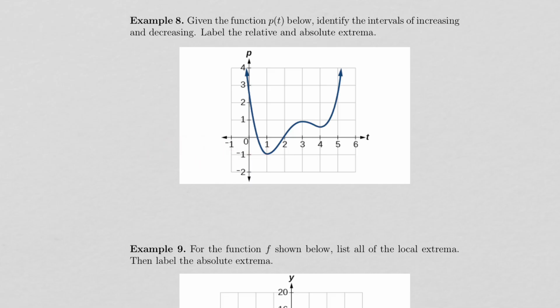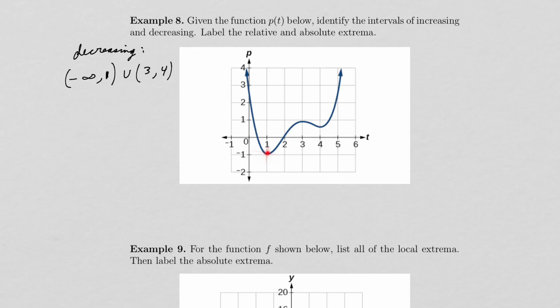And then this little piece here, right? And then 3 to 4. So we can say it's decreasing from negative infinity to 1. Remember, we don't include the endpoints when we're talking about increasing or decreasing. And then union also from 3 to 4. And then where is it increasing?